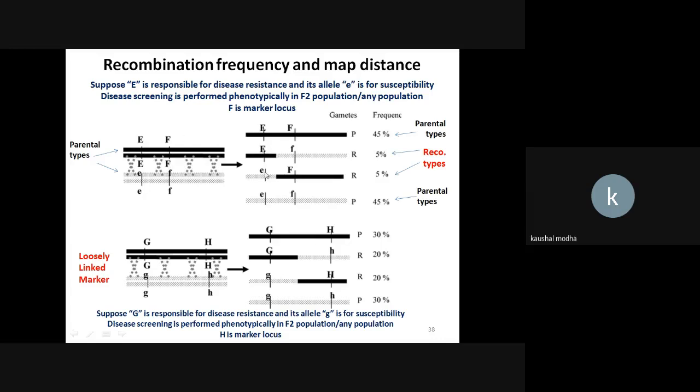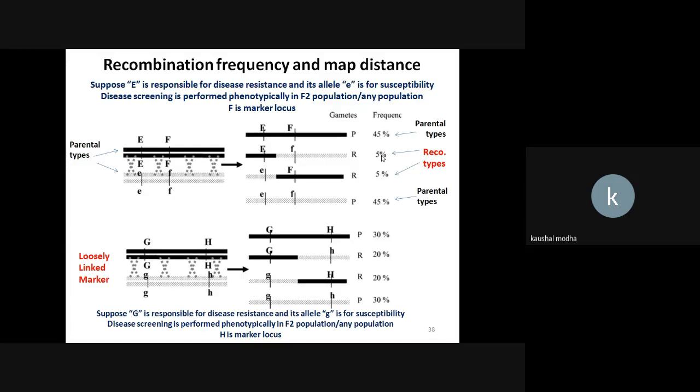In another recombinant type, we find susceptibility to disease with presence of the marker. So this is also recombinant. So now you can see the recombination frequency is 10%, 5 plus 5. So it indicates that there is a 10 centimorgan distance between the gene of interest and the marker locus, which we have observed during bulk segregation analysis also.